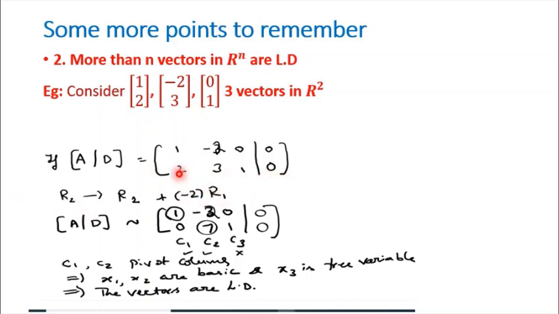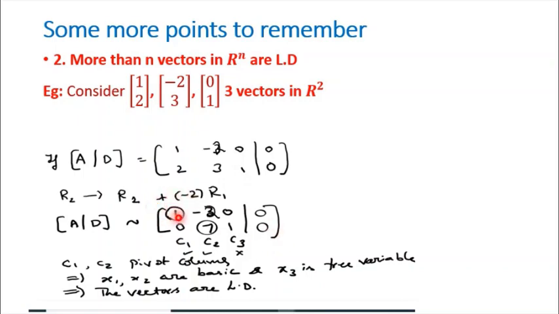Now use the transformations, because this is the pivot position. You have to make this 2 into 0 for R2. What you do is R2 plus minus 2 times R1. If you do that, then this is transformed to 1, minus 2, 0, 0, and then 2 minus 2 is 0, and then 3 minus minus 2 into minus 2, that is 3 plus 4, which is 7, and then the next one will be 1 minus 2 into 0, so it is 1, 0.